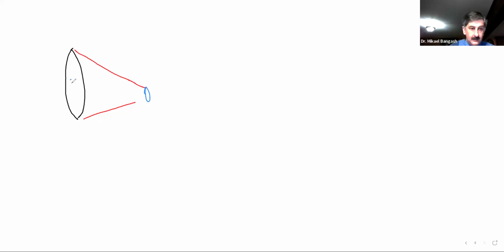The diameter at the focus is going to be half of the diameter of the PCT.